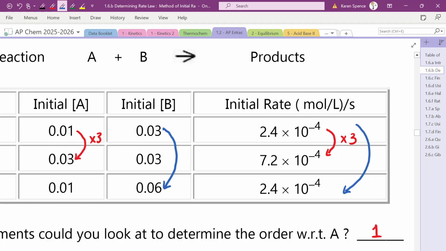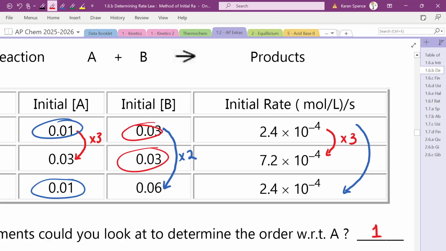And what happened to concentration of B between the first and the third? We multiplied by 2. And it is important that these two are the same, right? And it is important for the red one that these two are the same.